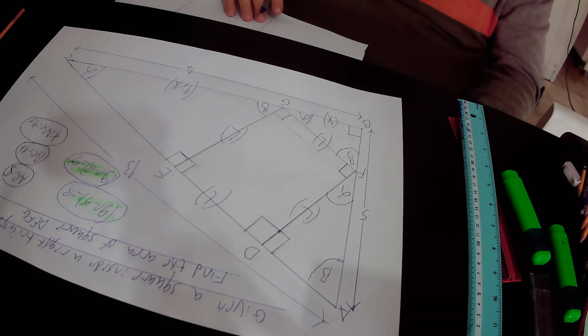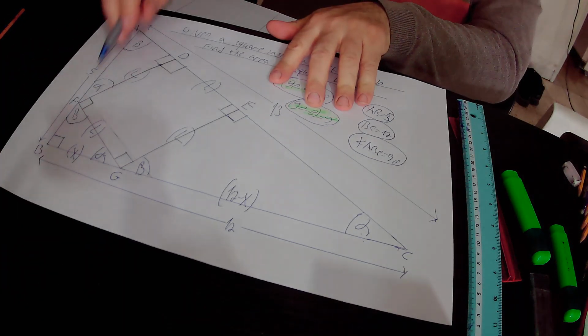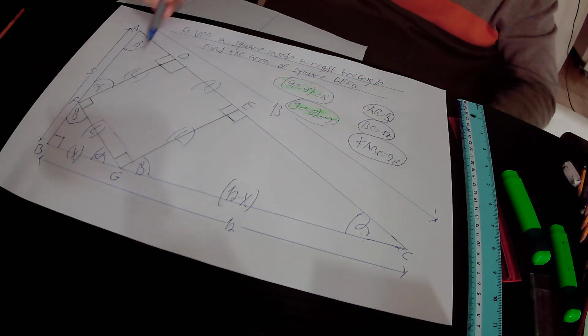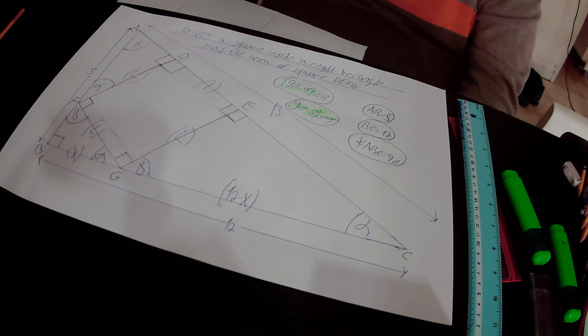Okay, so I repeat again that the big right triangle ABC is similar to this small right triangle, triangle FBG, according to the angle similarity rule.